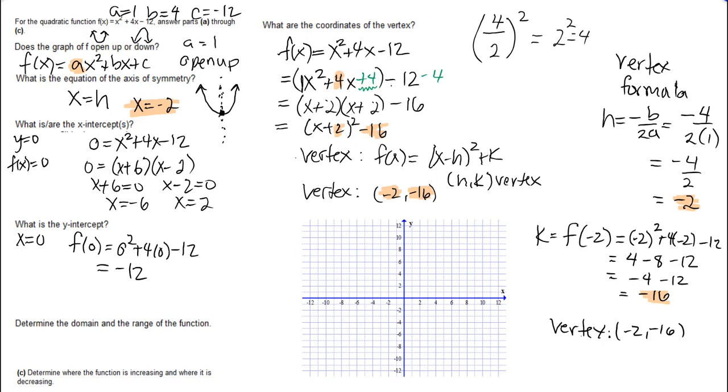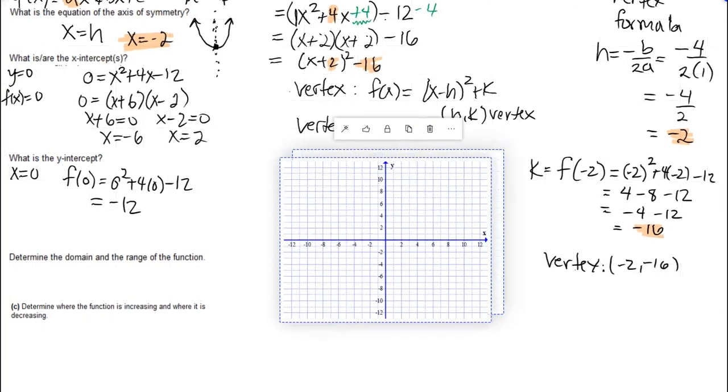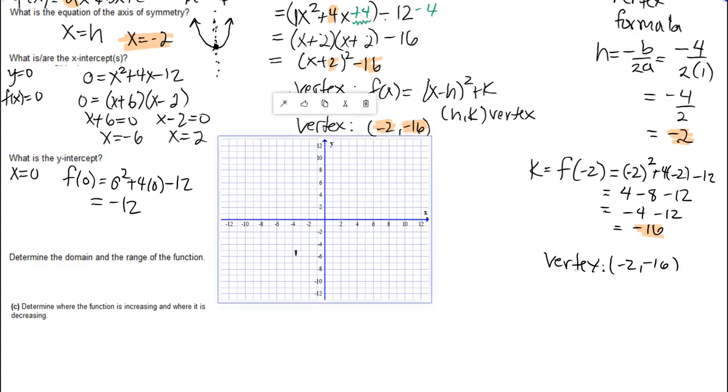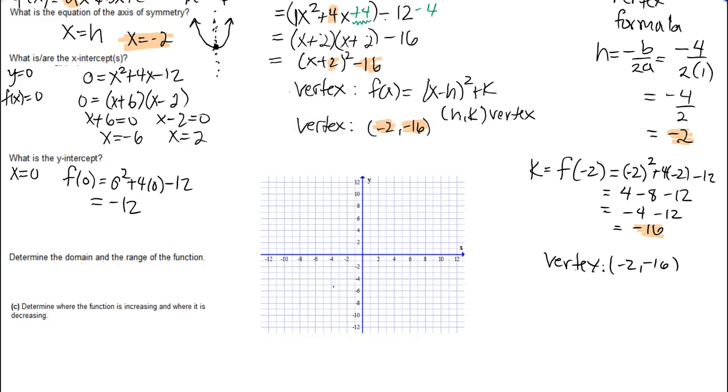Next, I'm going to draw the graph. We have now found that we have a vertex at (negative 2, negative 16). And I'm going to adjust my picture a little bit because I can see that my vertex is a little bit lower than I need it.